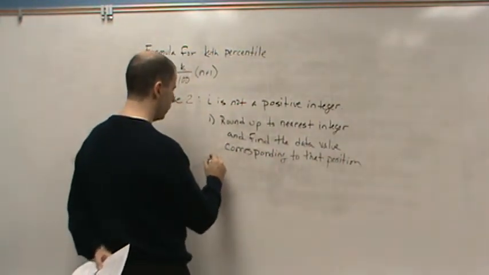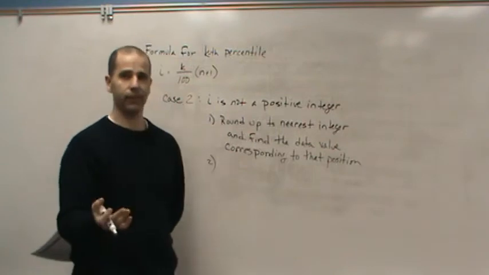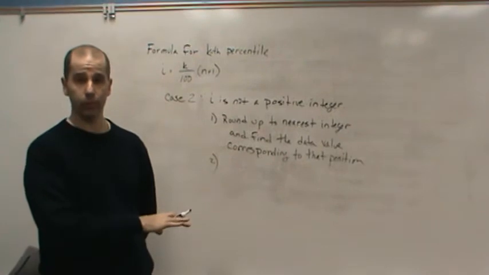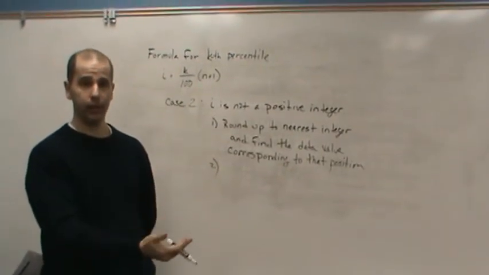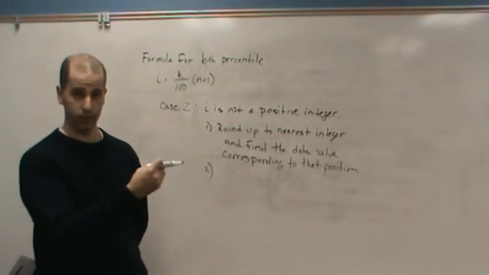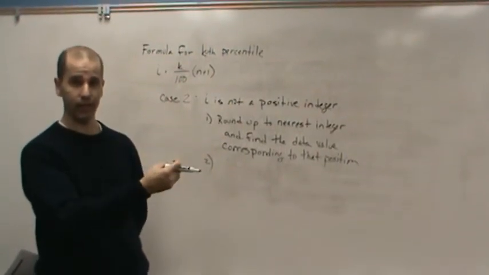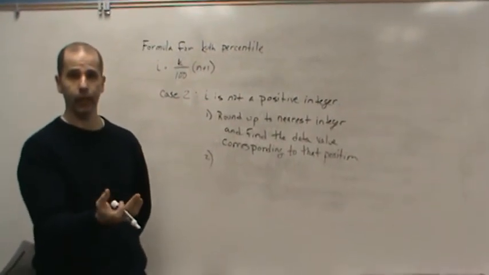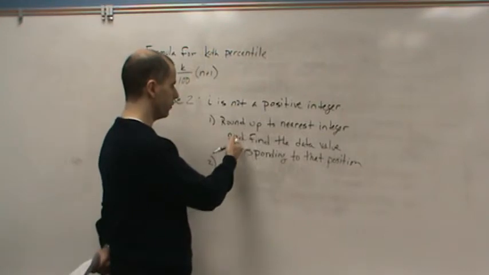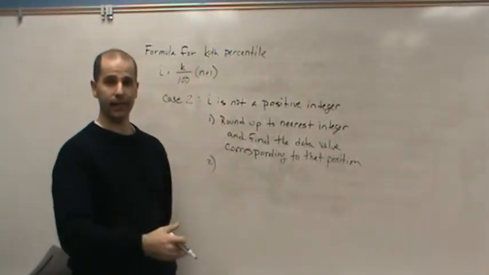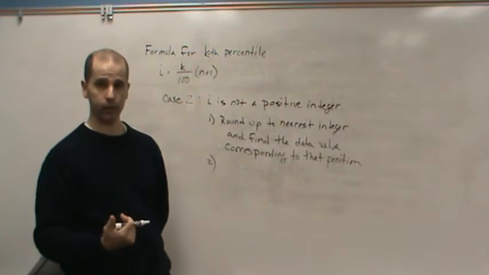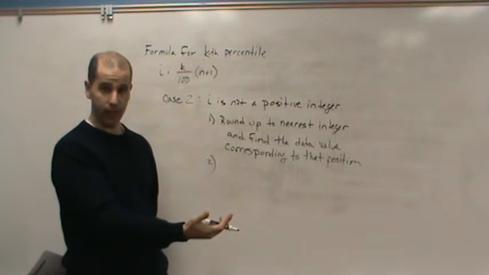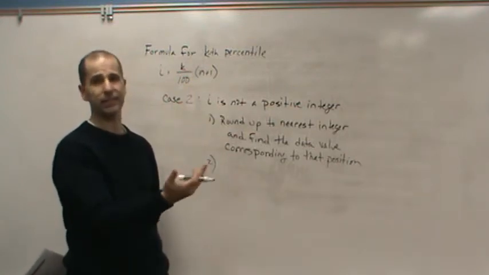Think of it just like we did with the median. If it's not a whole number, you round up and round down, find the data values in the ordered data that correspond to those positions, and then take the average of them. So you could round up to the nearest integer, get that one, and take the one before it. Or you could round down to the nearest integer, find that data value, and take the next one.